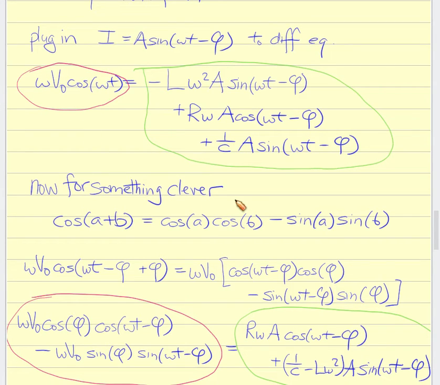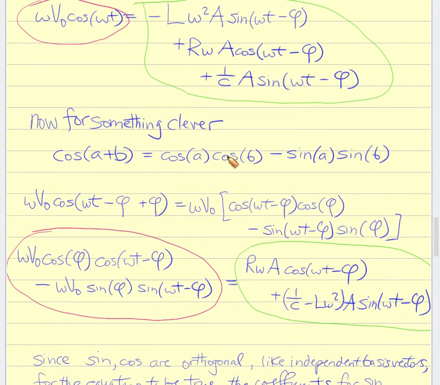And now it's time for something clever. We're going to do something to make this left-hand side look more like the right-hand side so that we can compare different values. So there's a trig identity involving cosines. When we take the cosine of a plus b, we can rewrite that as cosine a cosine b minus sine a sine b. And we're going to use that in our case, but we're going to do something a little sly.